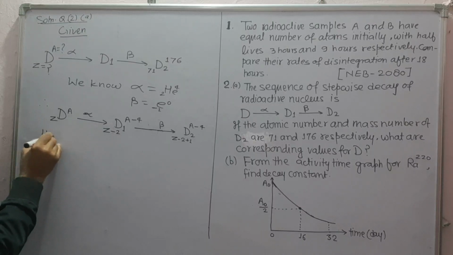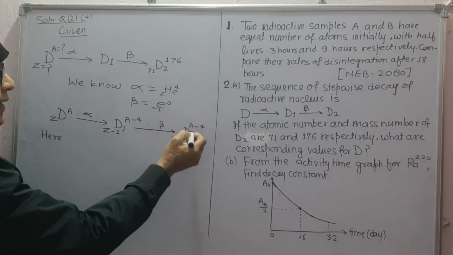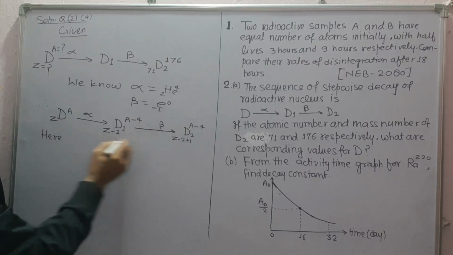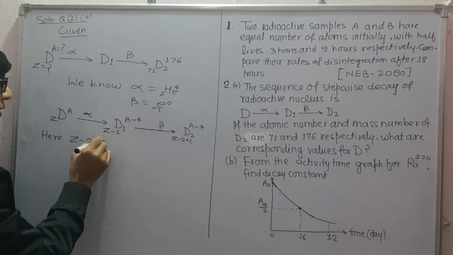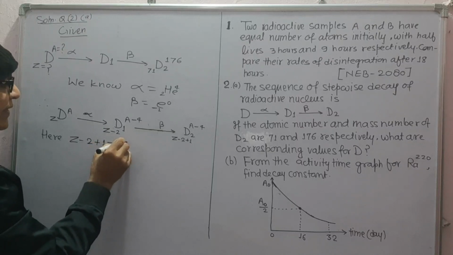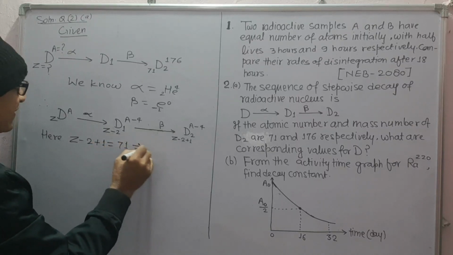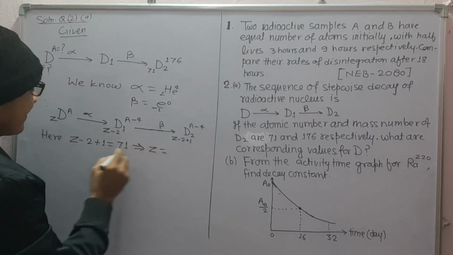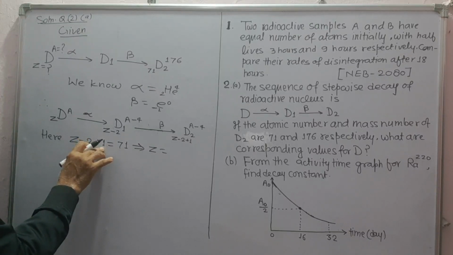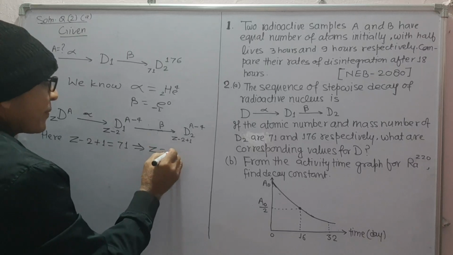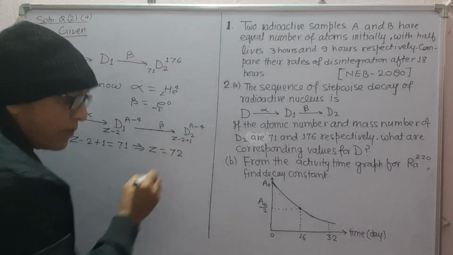Here Z minus 2 plus 1 is equal to 71, which gives Z as 71 plus 1 means 72.